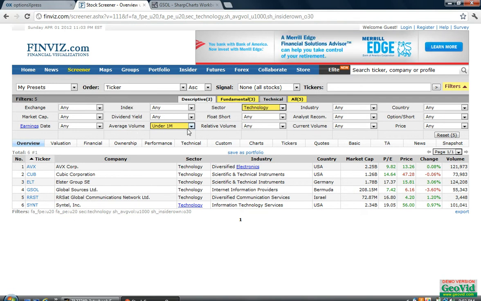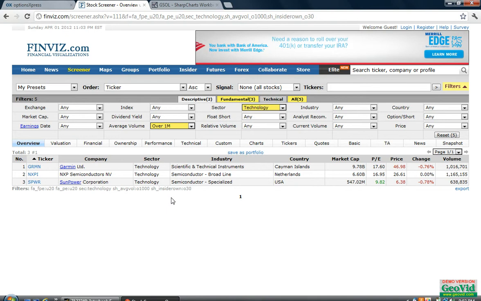The average volume I like to use is not over 900 million, but over a million, and the reason is liquidity. The more liquid the particular stock, the better it is for us. Liquidity means you can buy and sell right away. It's like buying or selling a car.